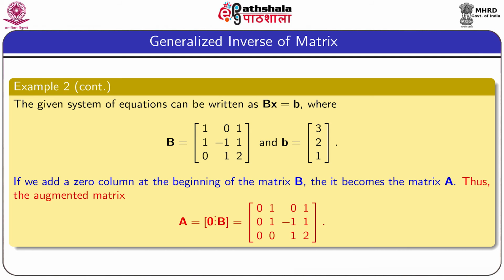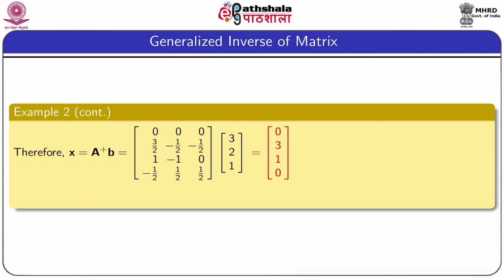Thus, the augmented matrix A equal to 0 B, which is a matrix of order 3 by 4 whose first row is 0, 1, 0, 1, second row is 0, 1, minus 1, 1, third row is 0, 0, 1, 2.